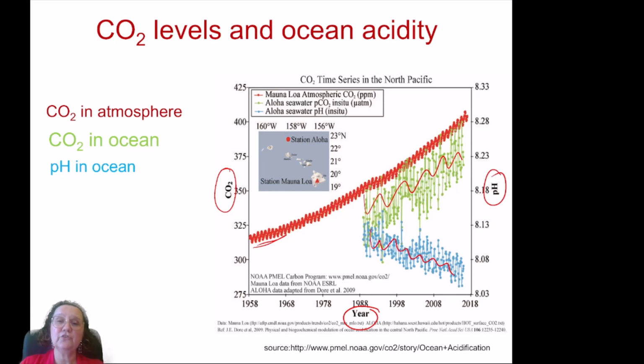So as the concentration of CO2 in the atmosphere increases, more CO2 enters the oceans, in that equilibrium I showed you in a previous slide. And the more CO2 that you have in the ocean, because it's an acidic species that will create carbonic acid and then will liberate hydrogen ions, the lower the pH, the more acidic it becomes.